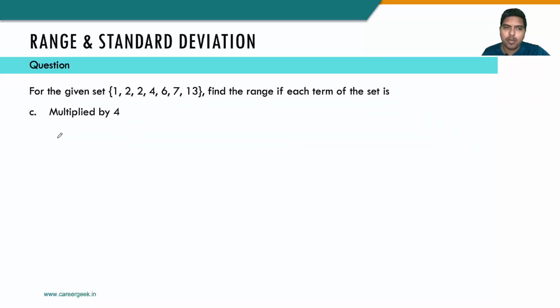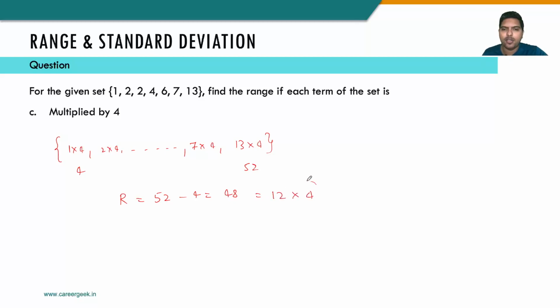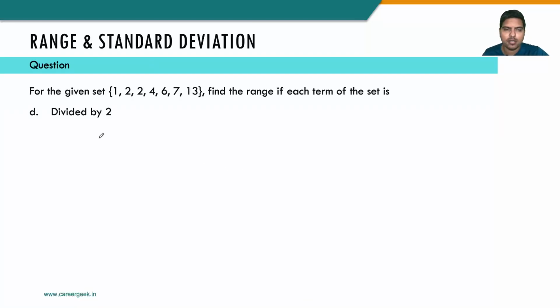Now, same way, let's say if we multiply, again, I can multiply the middle ones, it's of no use. I can go to the last one. So the first value is 4, the last value is 52. What is the range? Maximum minus minimum, which is 48. So what is happening here? 48 is 12 into 4. For multiplication, the range is increasing by the same proportion, not for addition or subtraction.